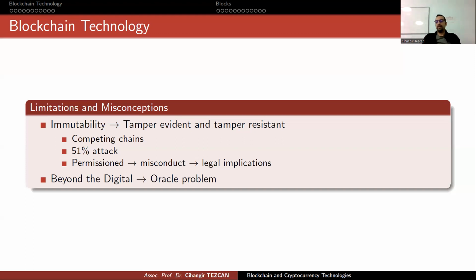So you can receive the cryptocurrency on the blockchain, but you have to physically give the car to that person. That is what we call the oracle problem. You cannot be sure, I mean, by writing software, we cannot be sure that that car is really given to the person, right? So you have to map it somehow. So this is what we call the oracle problem. And most of the time, this is what people are missing.